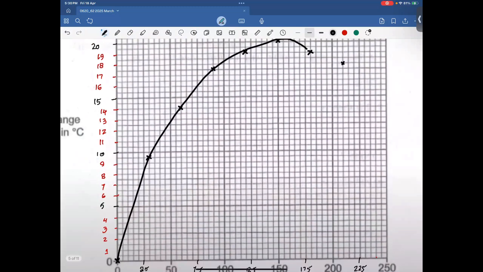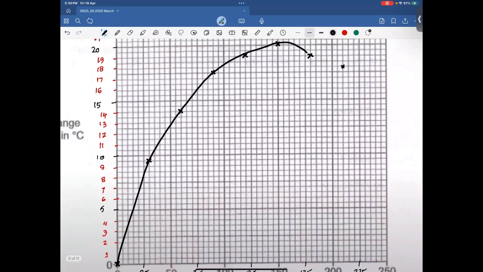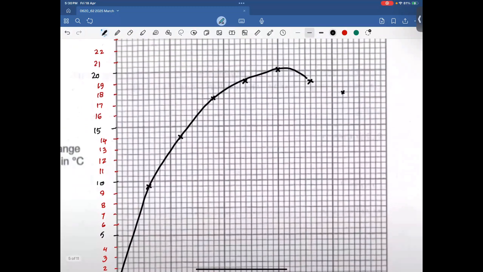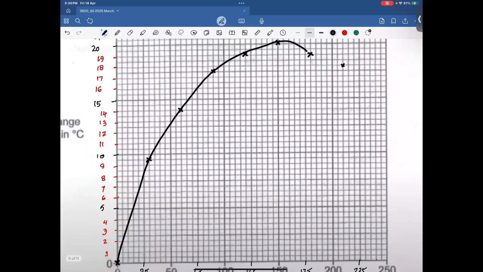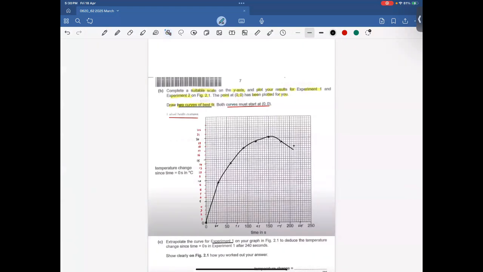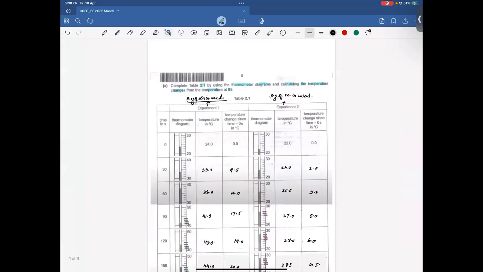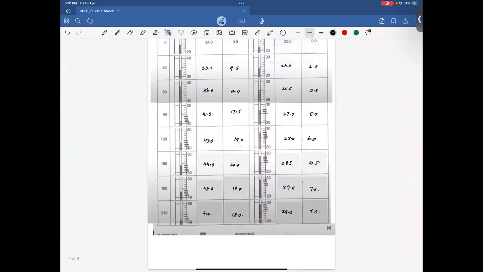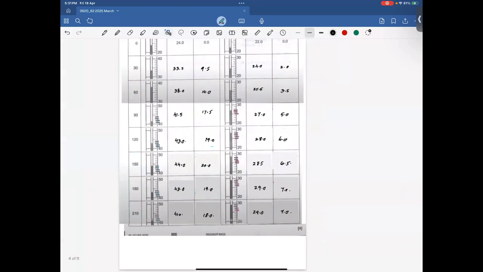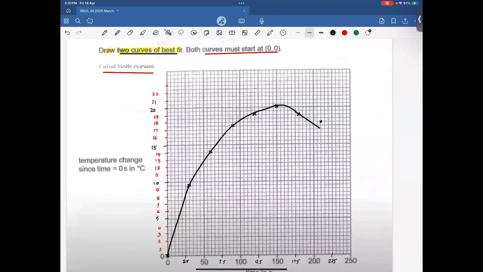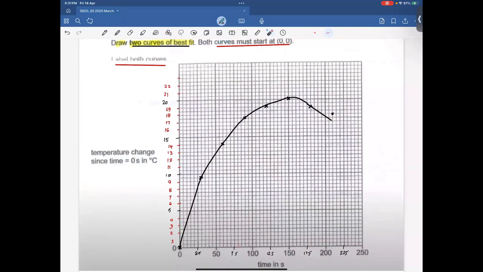Okay, let me check the values again. Have I made a mistake? 17.5, at 90, 17.5.